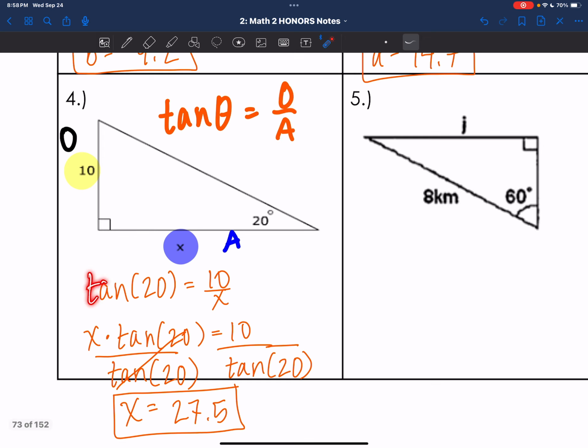So we're going to say tangent of 20 equals opposite over adjacent. Cross multiply, and you're going to get x times tangent 20 equals 10. And remember, you have to divide both sides by tangent 20.